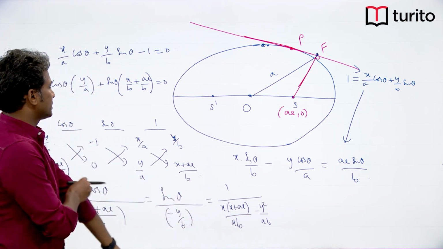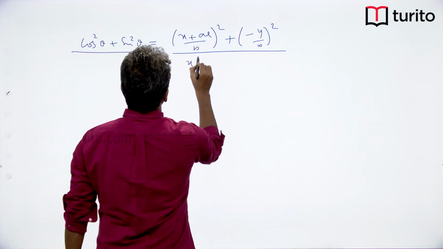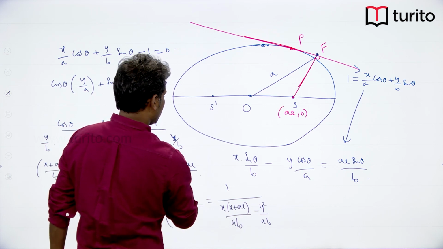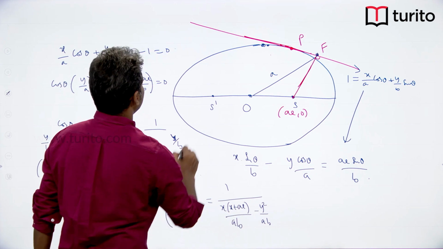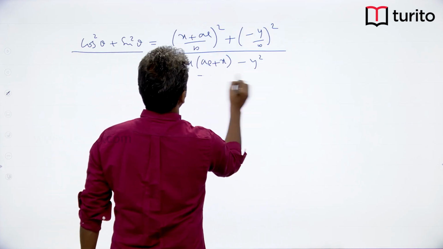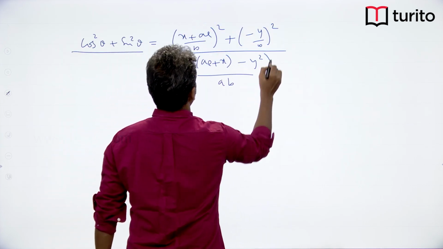Denominator is square of this, x into A plus x plus AE. So, AE plus x divided by AB and minus y square divided by AB whole square.